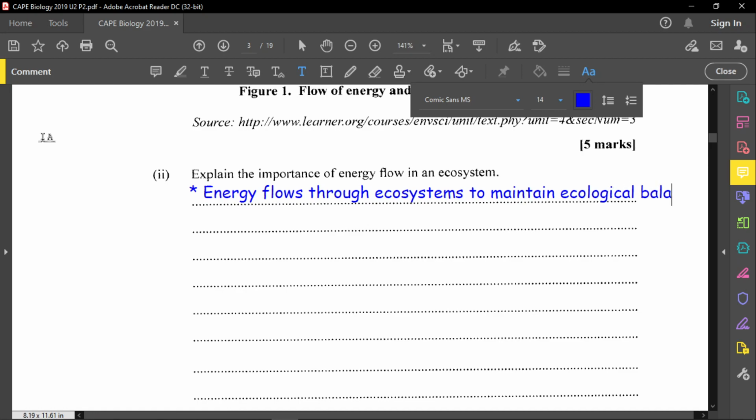All right, so again, I'm saying energy flows through ecosystems to maintain ecological balance. And that's very important.